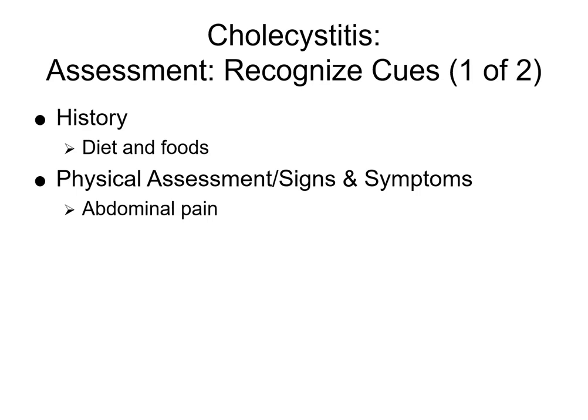Another test that is done is this endoscopic retrograde cholangiopancreography test, the ERCP. This is an old test, but you'll still see it done. Or they can do a magnetic resonance of that same test to look for gallbladder dysfunction.